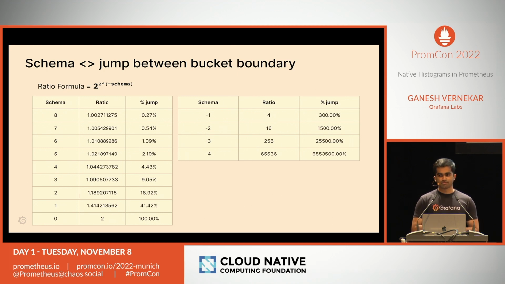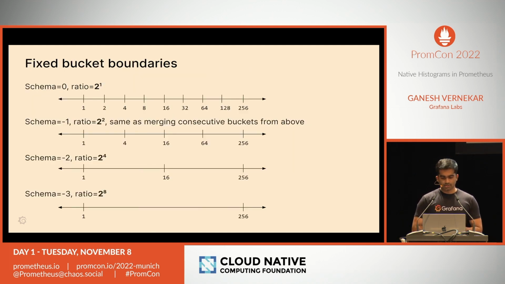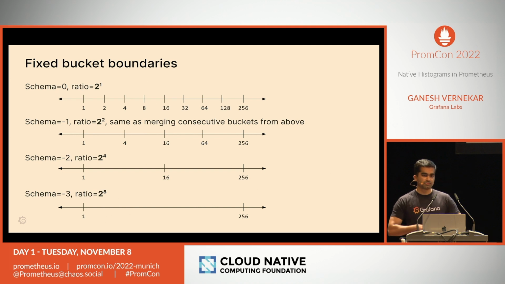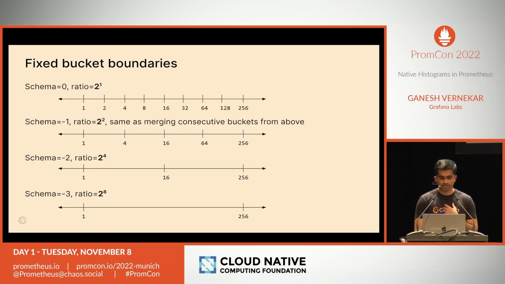For example, if the upper bound of the current bucket was 1, then the upper bound of the previous bucket would be 1 divided by the ratio. And the schema goes from 8 to minus 4. The lower the ratio, the higher the resolution of the histogram, meaning the jump between two bucket boundaries is very small. We'll take an example and see how this schema actually works, because if you just look at the numbers, it's very confusing.